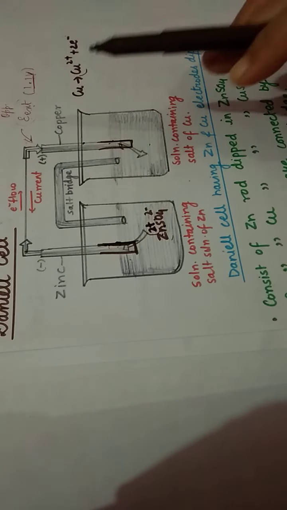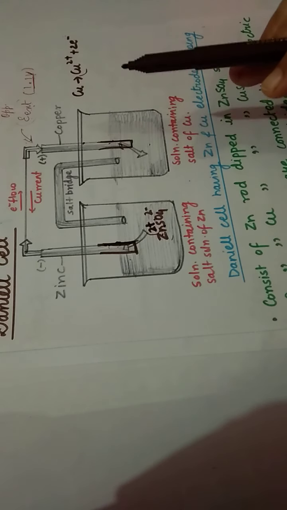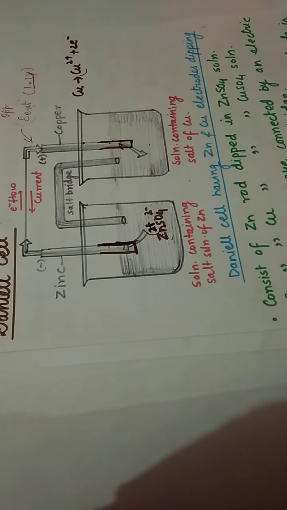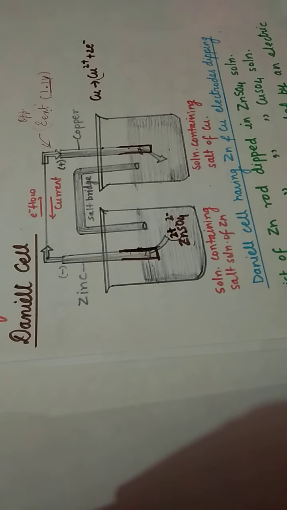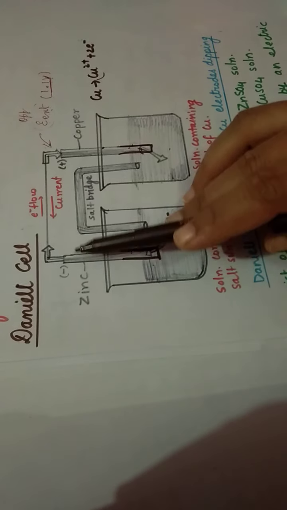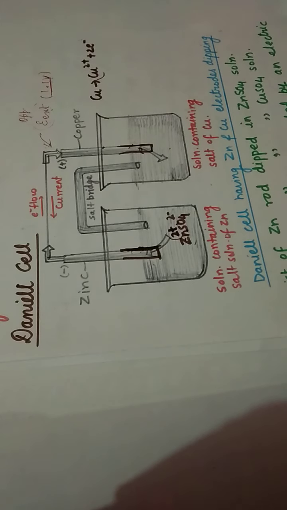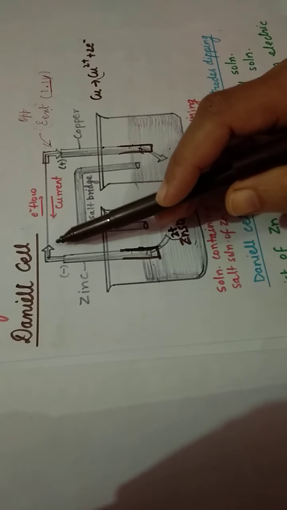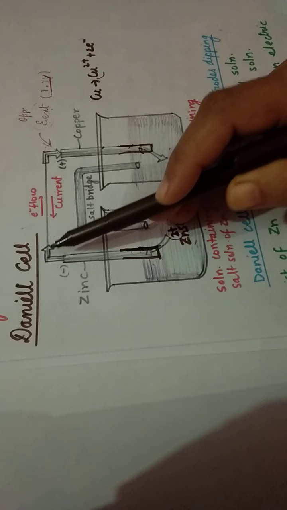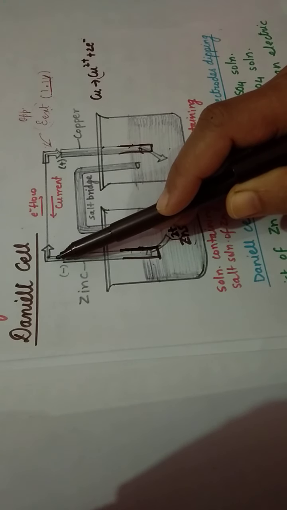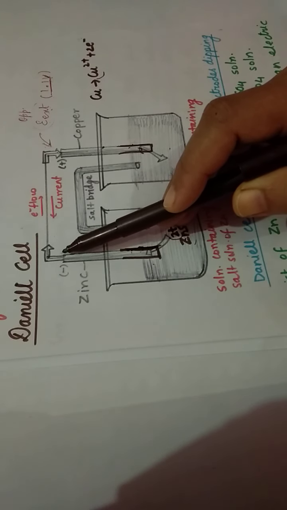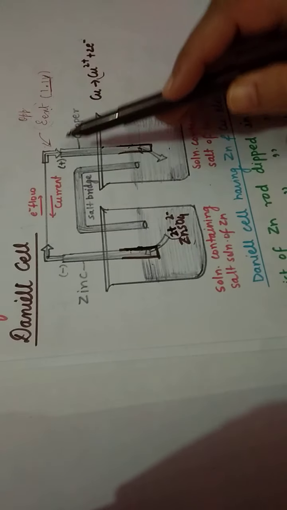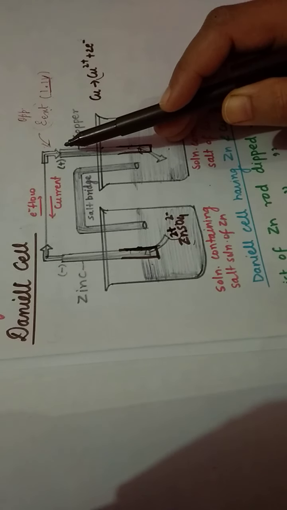Now when the switch is on, when you start making the current flow, the electrons will flow from this negative electrode to the positive electrode.